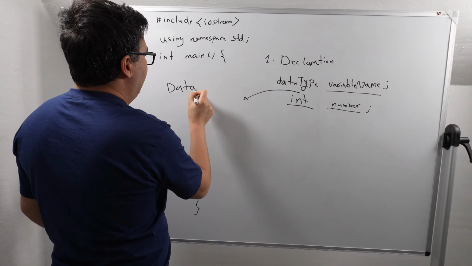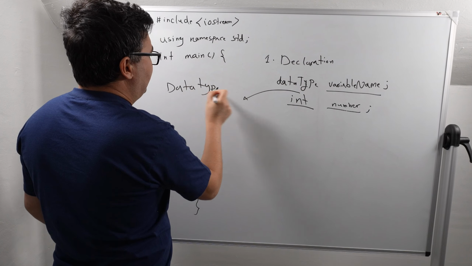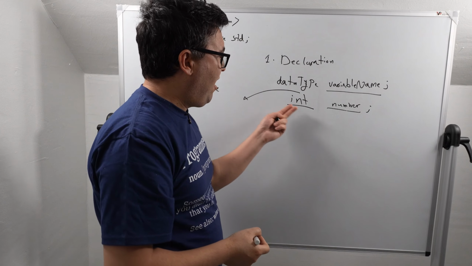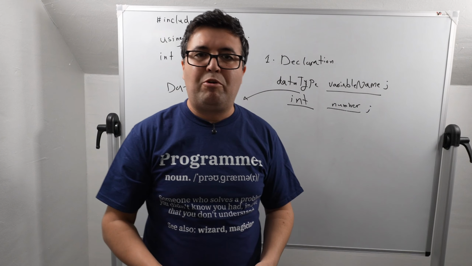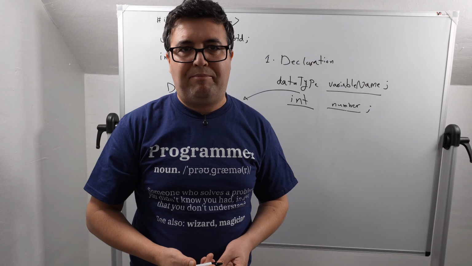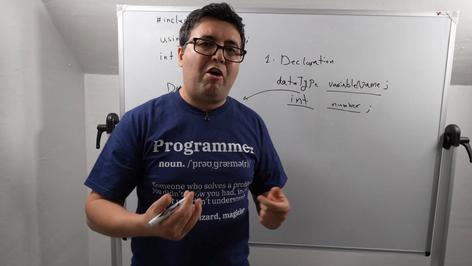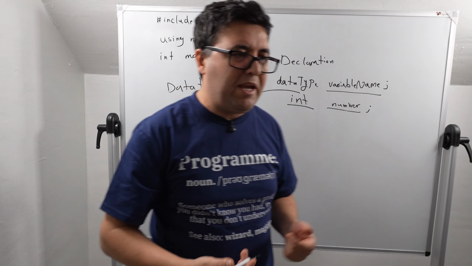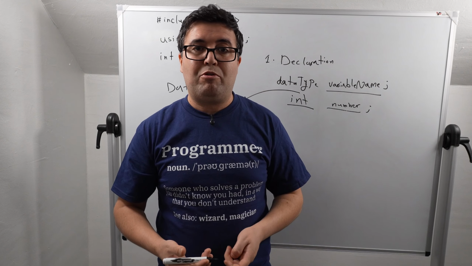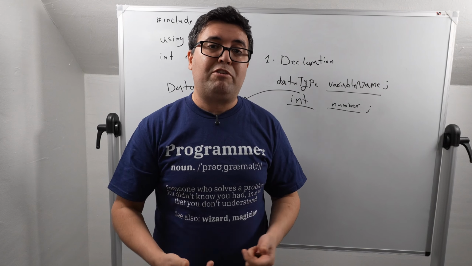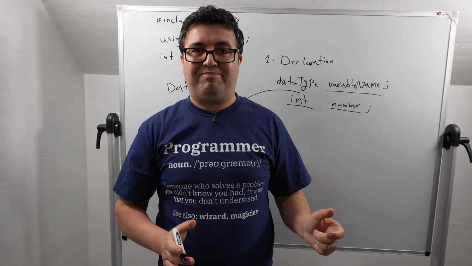The data type defines what kind of value we can store inside our variable. When we want to store information or data inside computer memory, we have to tell the CPU, the computer, what kind of information we are going to store.